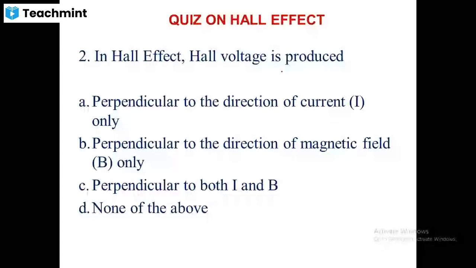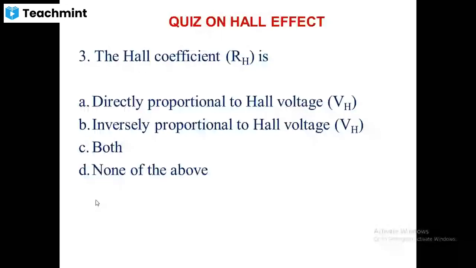In Hall effect, Hall voltage is produced perpendicular to the direction of current, perpendicular to the direction of magnetic field, or perpendicular to both current and the magnetic field. The correct answer is C. It is perpendicular to both current and the magnetic field.